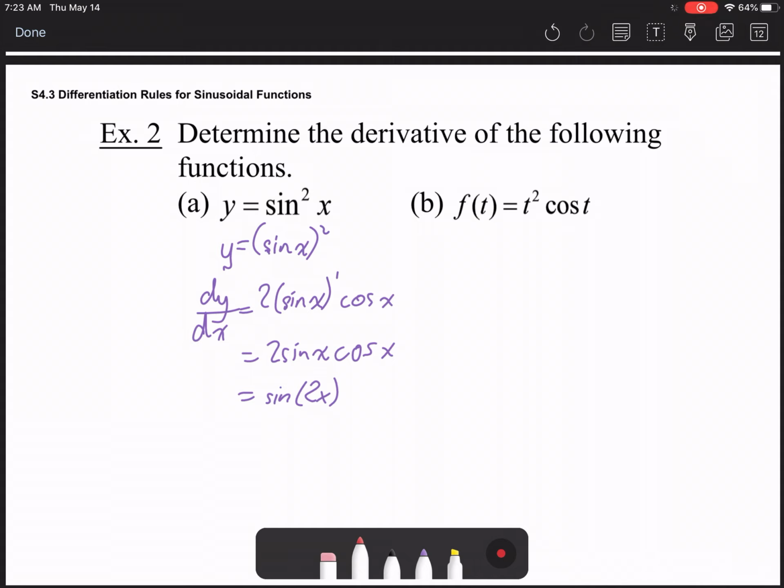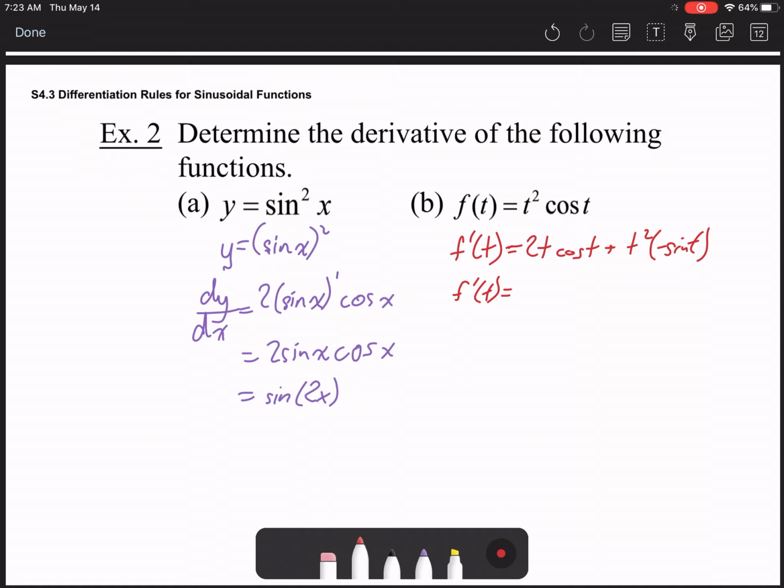To figure out the derivative of f of t, find the derivative of t squared, which is 2t. Leave cosine t alone. Add t squared. Derivative of cosine t is negative sine t. So f prime of t.